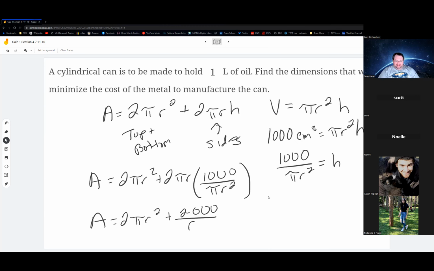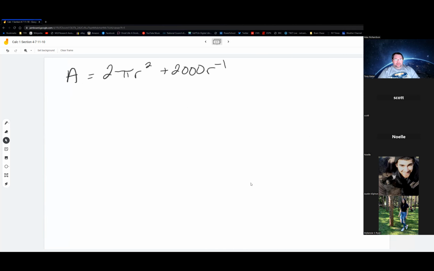All right, so now that we've got our equation, we have to find the derivative of it. So notice I just moved the r up top. This way I don't have to deal with the division for my derivative.